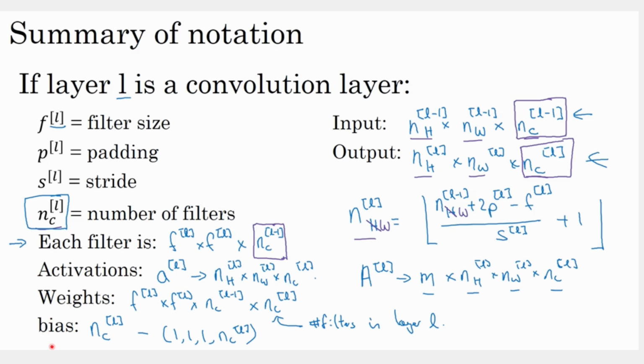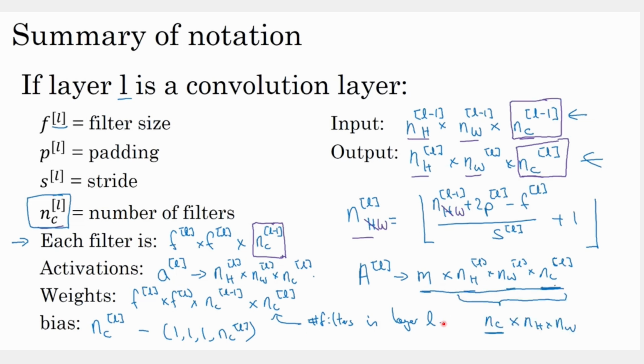The bias is decided by the number of filters, and this again can be taken as NC.